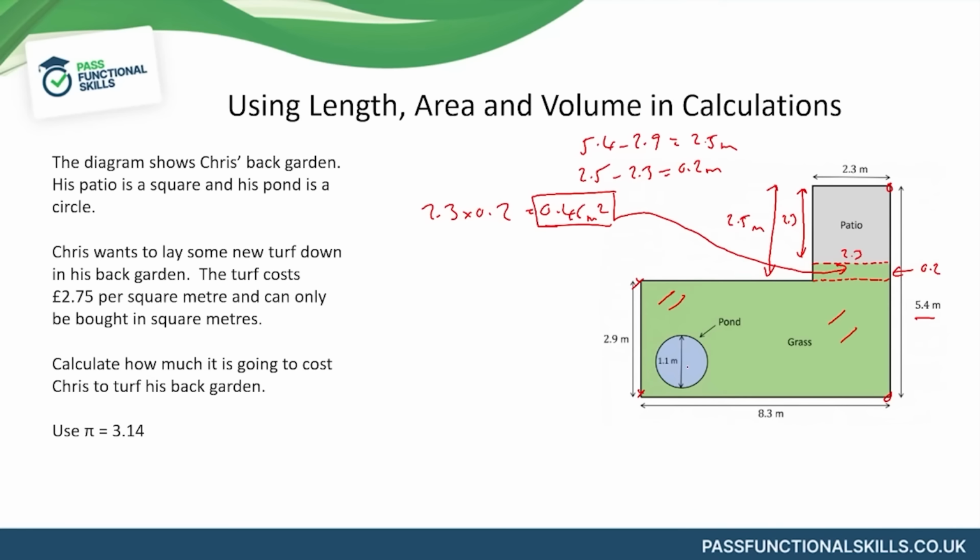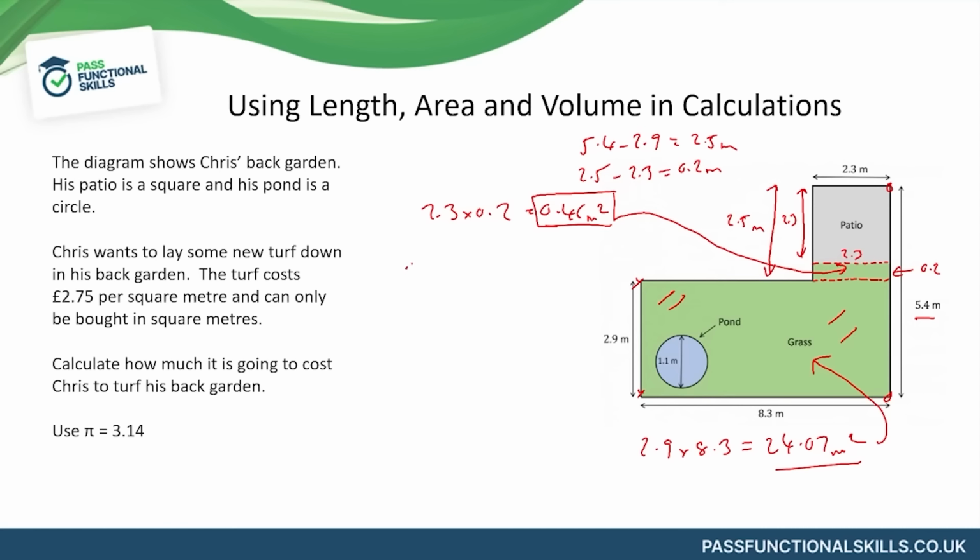Now this big rectangle, that's a bit easier, that's going to be 2.9 multiplied by 8.3, and 2.9 times 8.3 is 24.07 square metres. So that's this bit here. Now obviously, well, I say obviously, we need to subtract the area of the pond. But first of all, I'm going to work out the area of the whole green bit combined, and that will also include the circle.